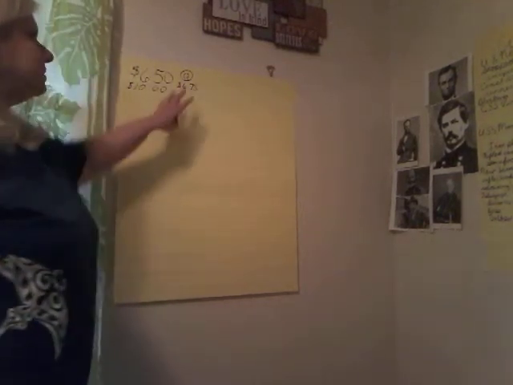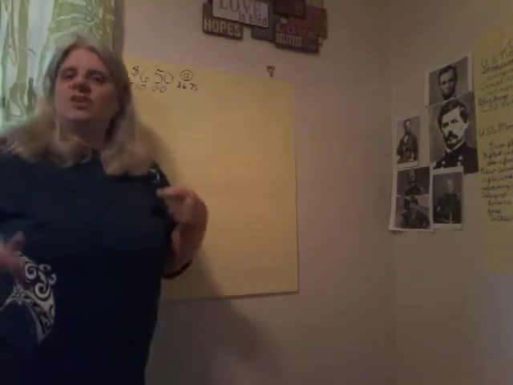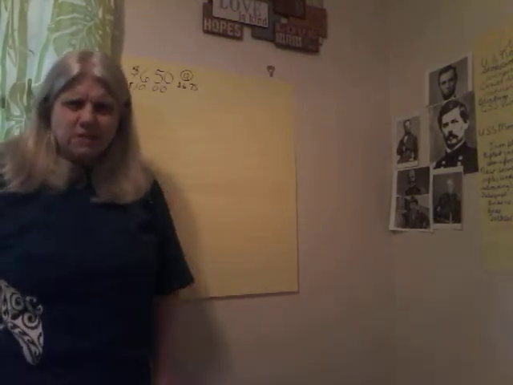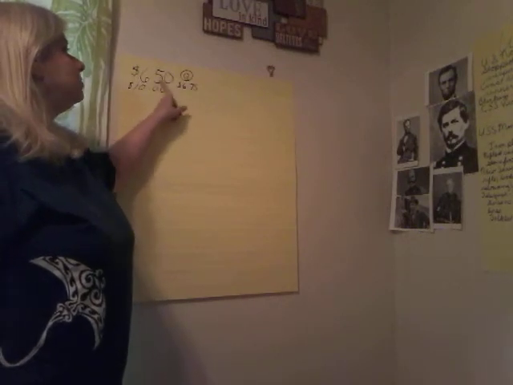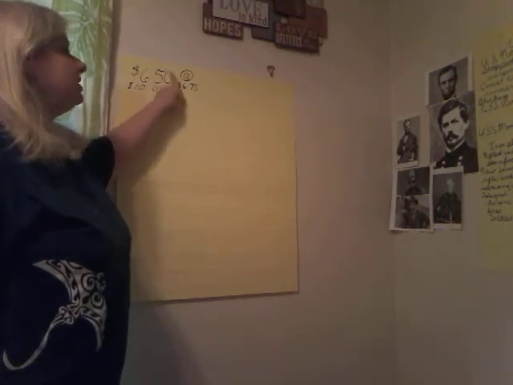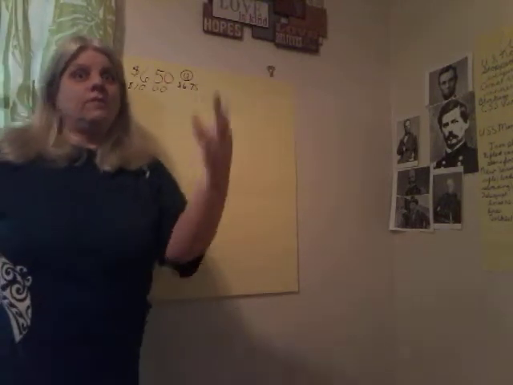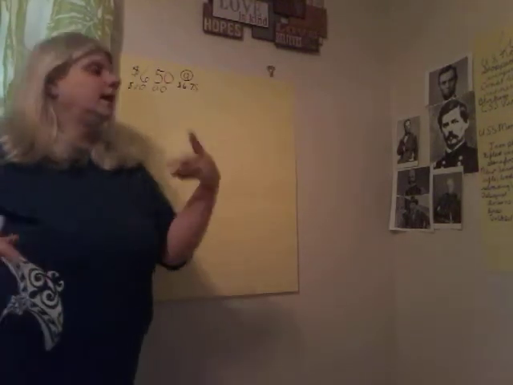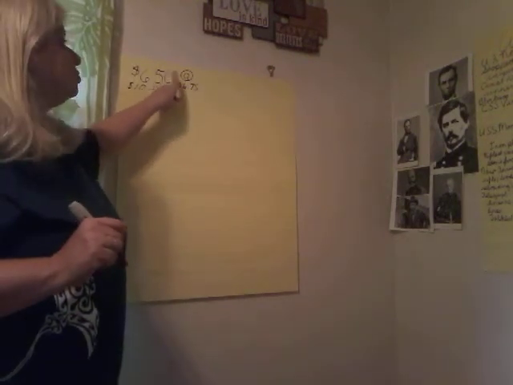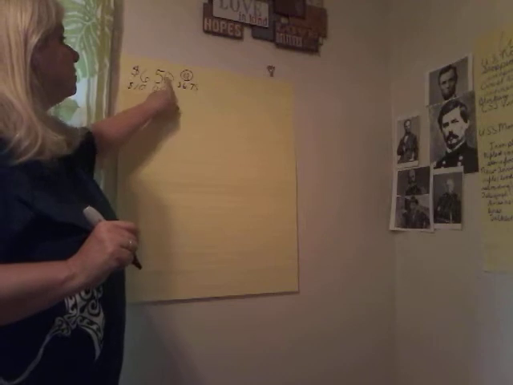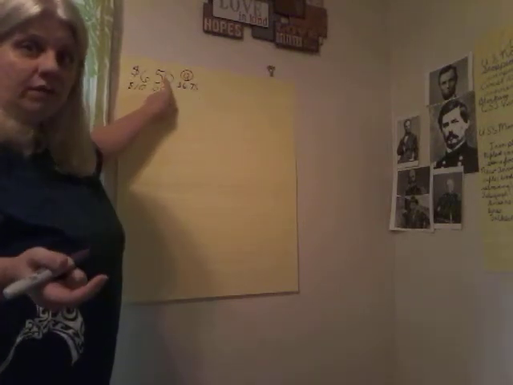My goal is to always try to get these up to quarters, because remember we talked about if you have too much change in your pocket, it makes your pants fall down. So I am trying to get it all the way up to $1. This is already 50, which is when we count quarters, right? 25, 50, 75, $1. I'm excited that it's 50. I'm just going to try to get to $7. So if I add a quarter, I'd be counting by 25s, right?